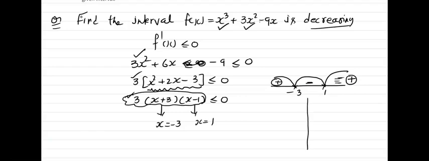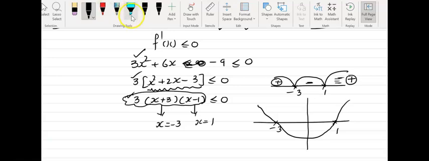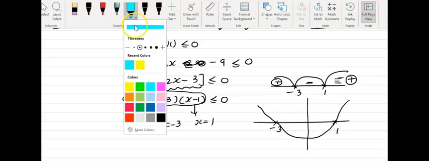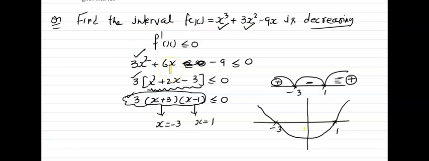If we sketch this, see, this is minus 3 and this is 1. After 1 it is positive. Between minus 3 and 1 it is negative. And before minus 3 it is positive. What is asked here? Tell me. When the function is negative.